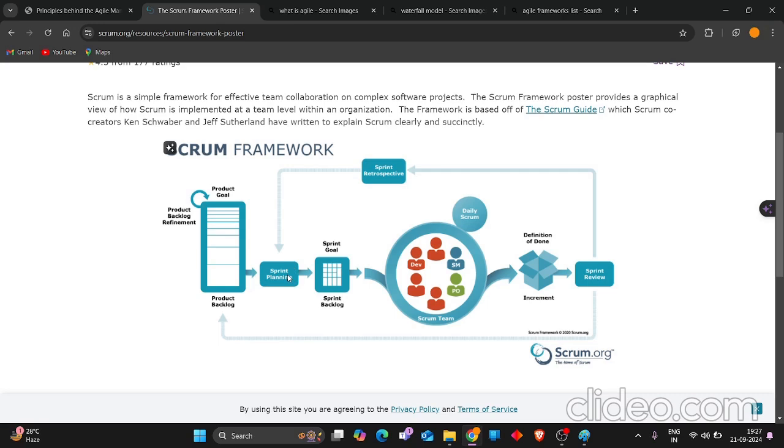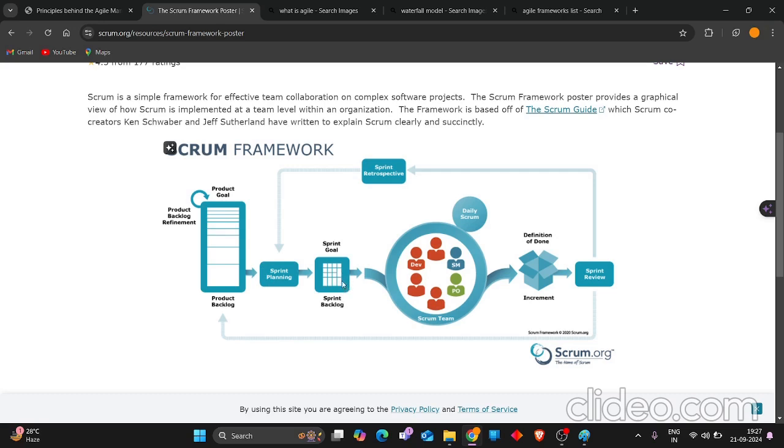In sprint planning, the product owner is the person who gets the information from the client and transfers the information to the team. So this is about sprint planning. In sprint backlog, I explained it.